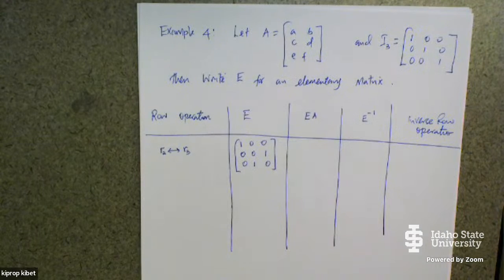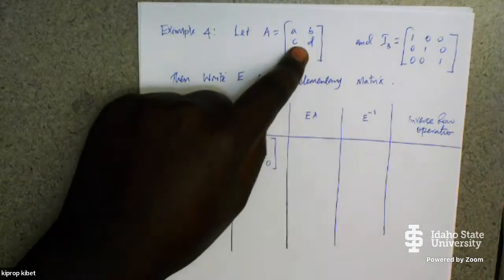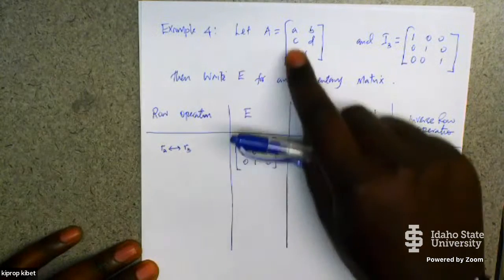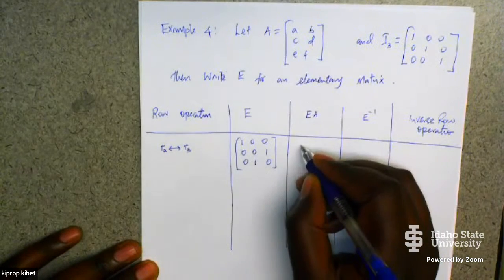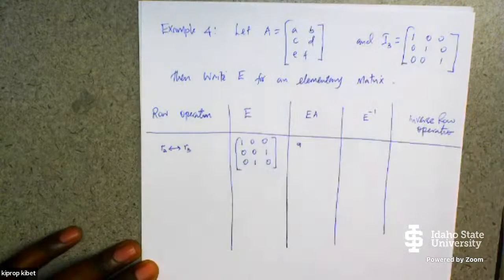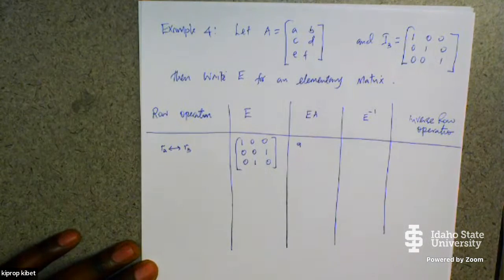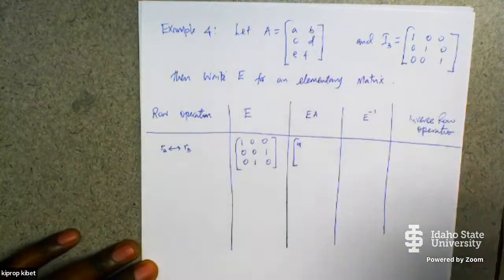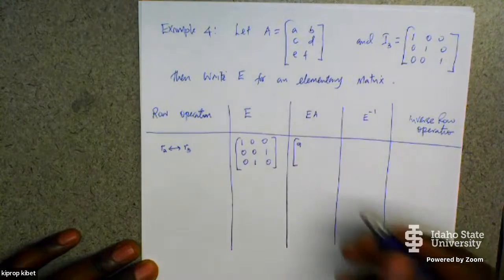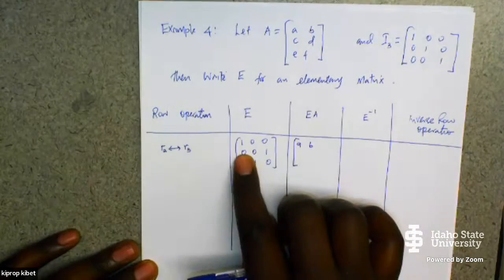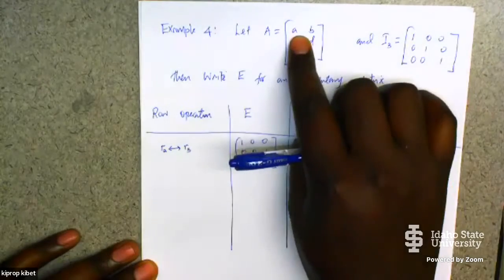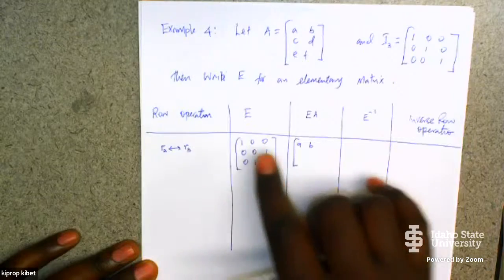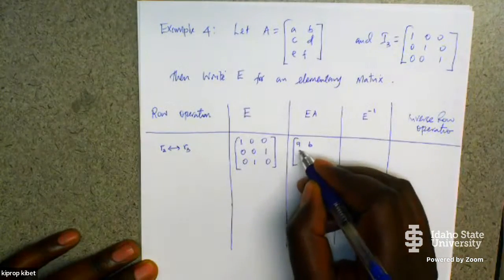Now, when we multiply this elementary matrix E and this A, what do we get? 1 and A, we get A. The others will be zeros. 1 and B, we get B. The others are zeros. 0 and A, we get 0. 0 and C, we get 0. 0 and E, we get our E here.